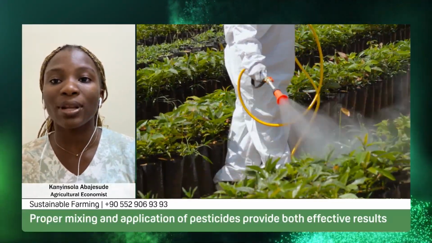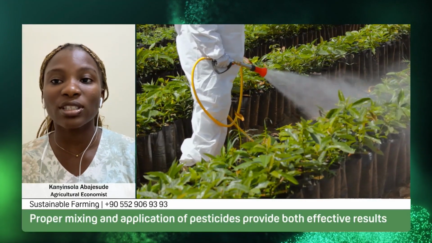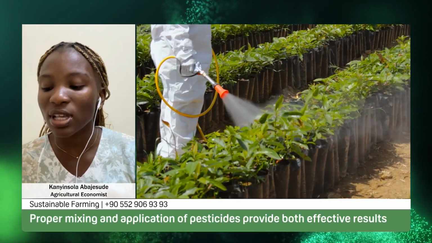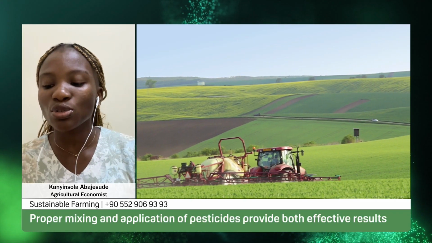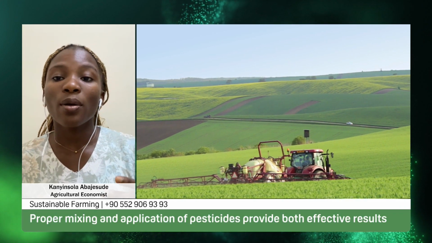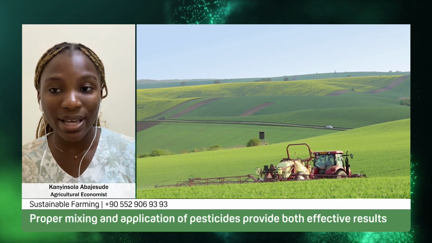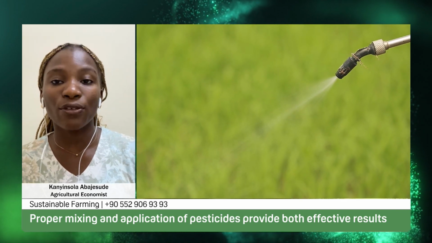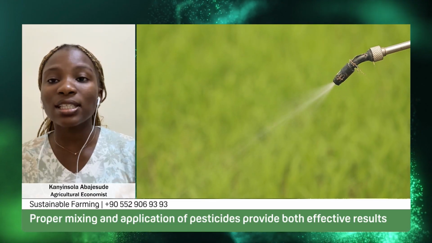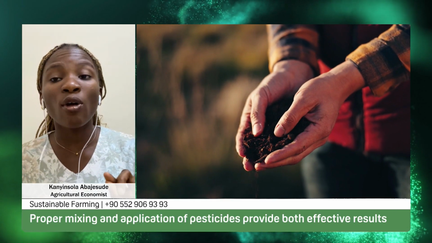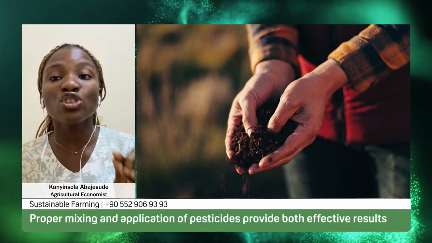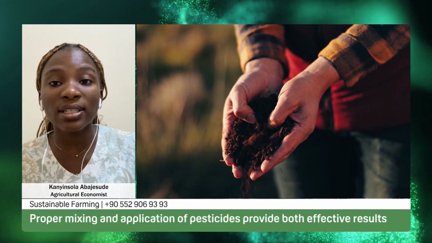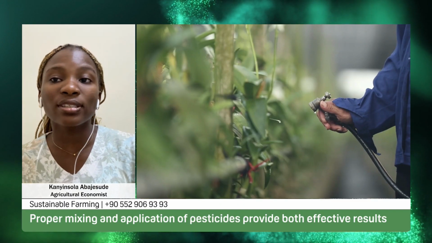If you are able to apply these applications and these safety precautions, you are sure to know that you are properly applying the pesticide for effective and safe results. And this is very important. Spray only when you see signs, not just for spraying's sake.